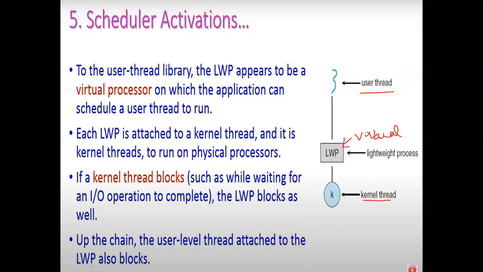If the kernel thread blocks, then automatically the LWP, the virtual processor, also blocks, and automatically the user thread will also get blocked. So when the kernel thread is waiting for an IO operation to complete, the kernel thread blocks, meaning the LWP, this virtual processor, will also get blocked. In turn, the user thread will also get blocked. So this is a chain process. Up the chain, the user level thread attached to the LWP also gets blocked.